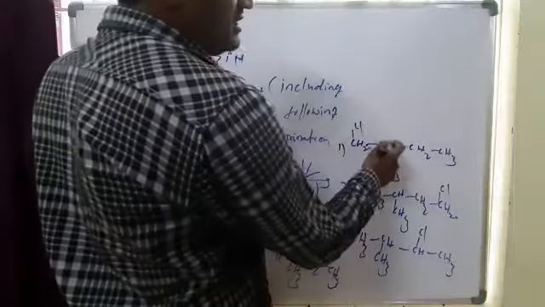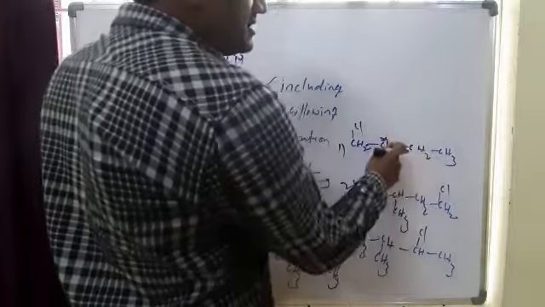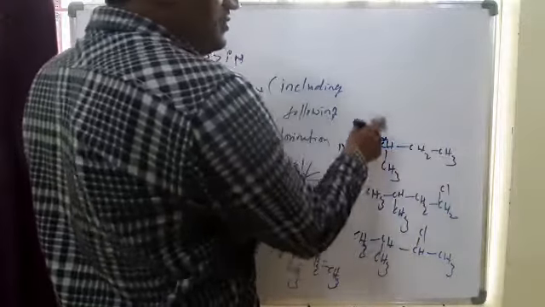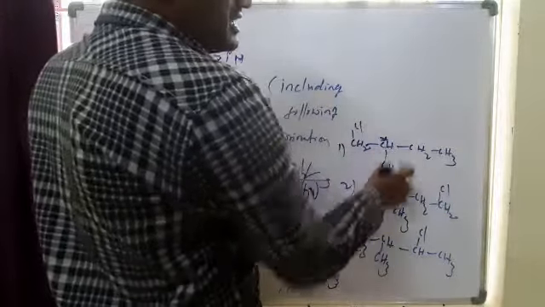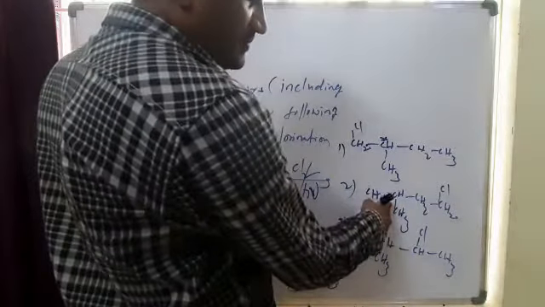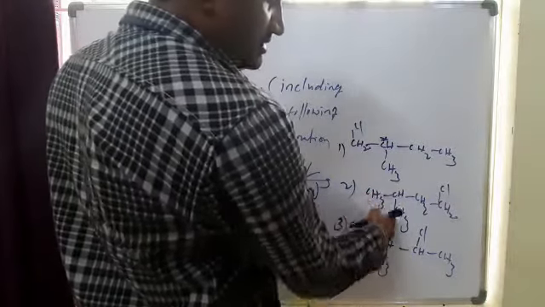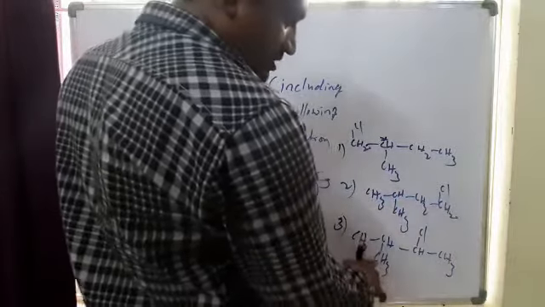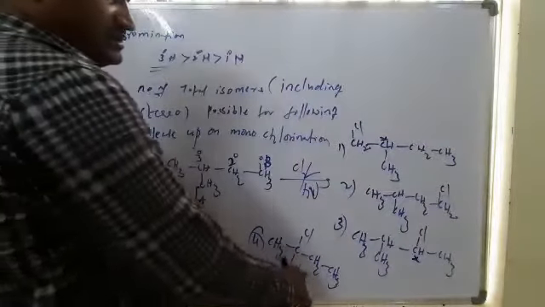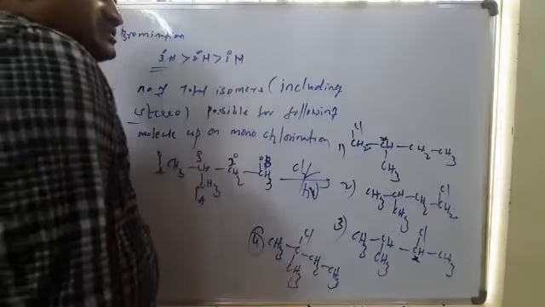This one is not chiral. This is a chiral center because it has hydrogen, ethyl, methyl, and chloromethyl. In the other case there is no chiral center because there are 2 methyl groups, CH2 and CH2. But this molecule has a chiral center.